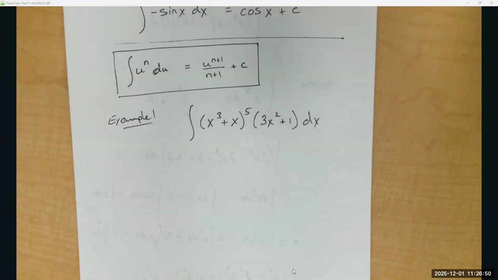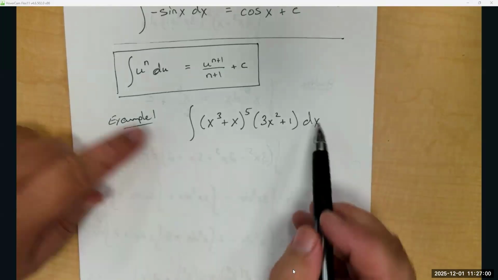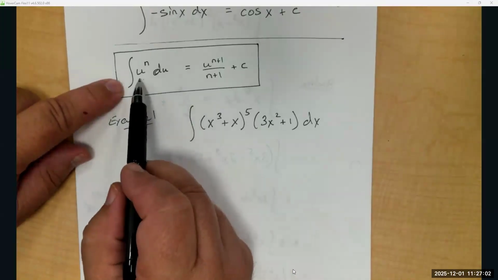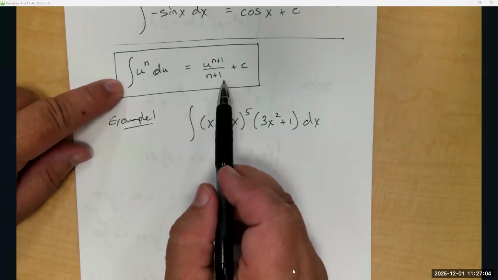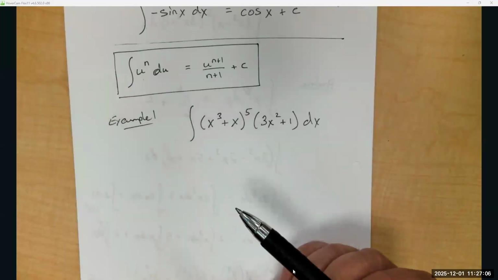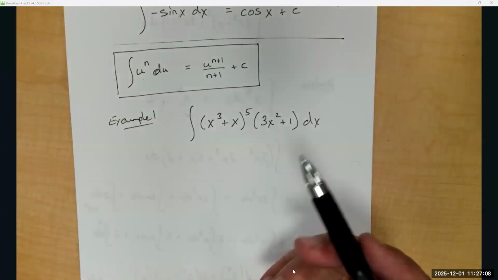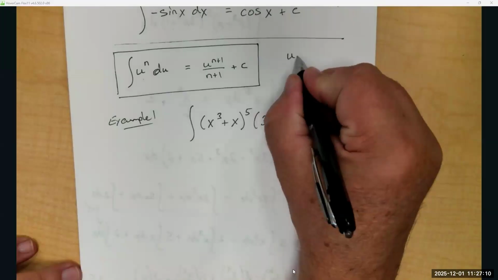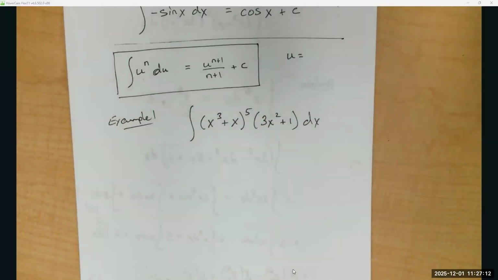Remember, this is why we talked about the first method we're going to talk about, which is substitution. Because if we can take this long monstrosity and make it look like this, it's easy. So we have to find what is u. Well, u is usually the one that has the highest exponent.